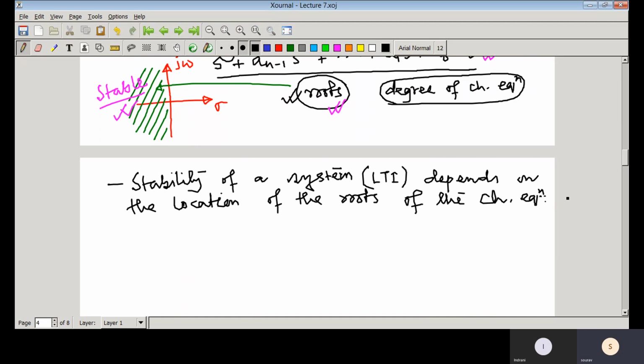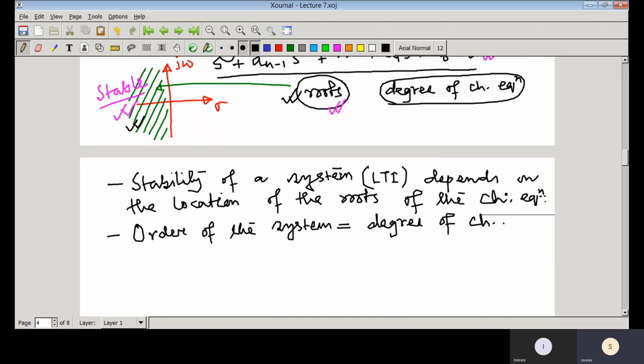So that means the stability depends on the location of the roots, and as I have just pointed out, if the roots lie in the open left half of that complex plane, then only it is stable. And another one is the order of the system. The order of the system is equal to the degree of the characteristic equation.